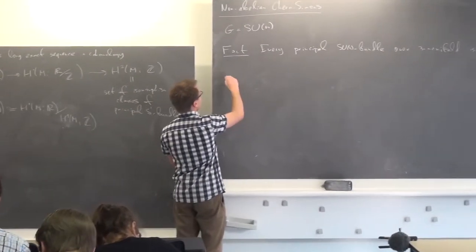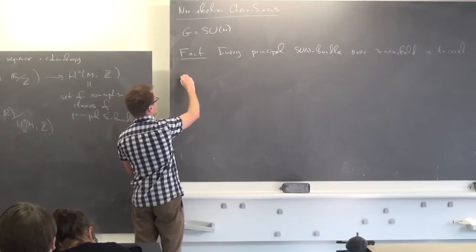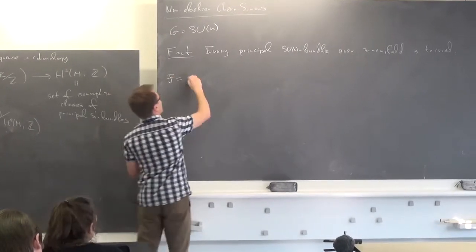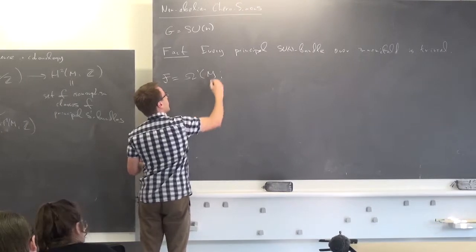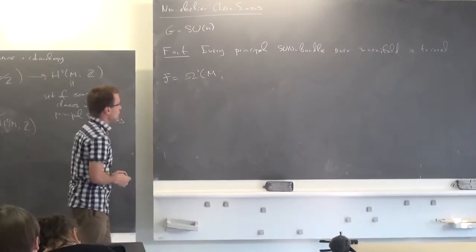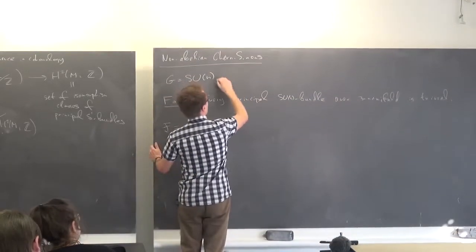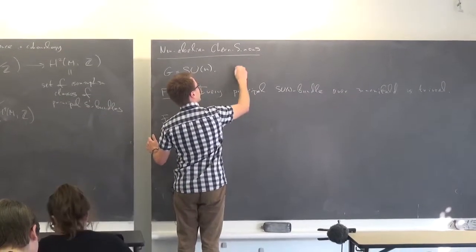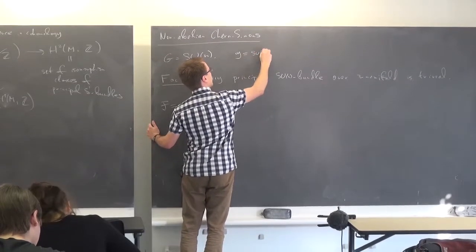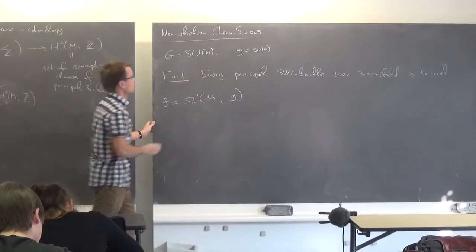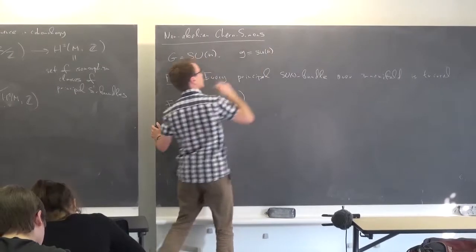Okay, so the action, first of all, the space of fields is going to be the space of 1-forms valued in the Lie algebra. Here the Lie algebra is what I denote by little su(N).